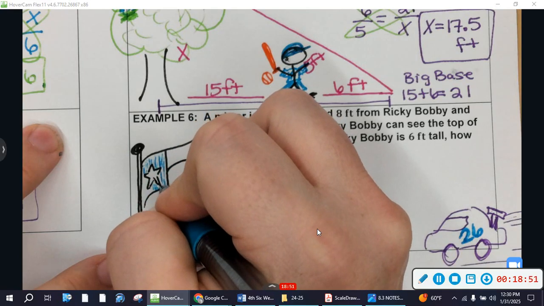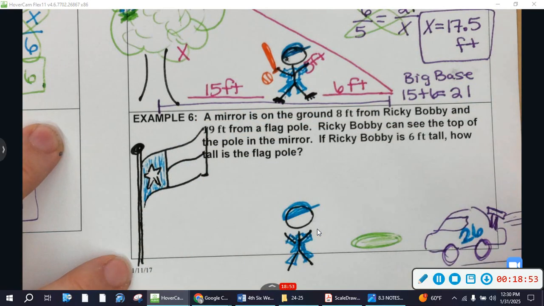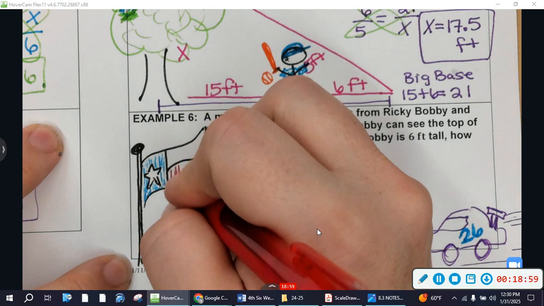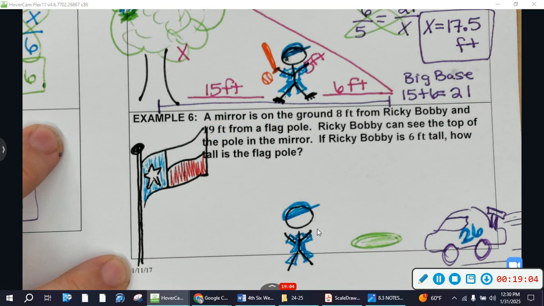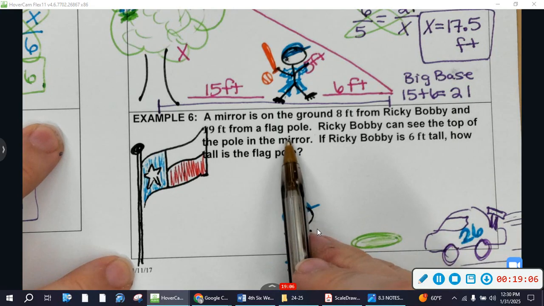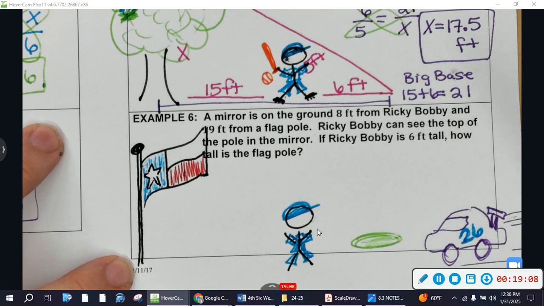The more creative you are, the happier it makes me. And then you get bonus. So here's our Texas flag. Now, Ricky Bobby is, let's see, what color do I want? I did that color here.